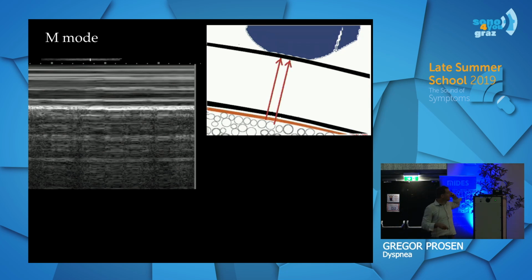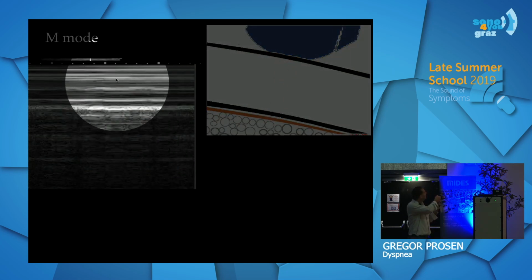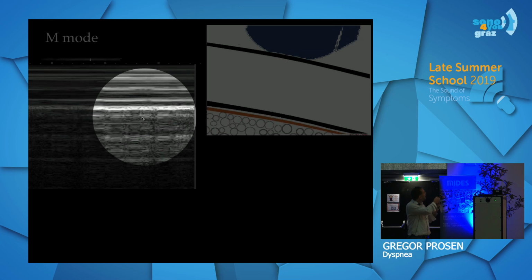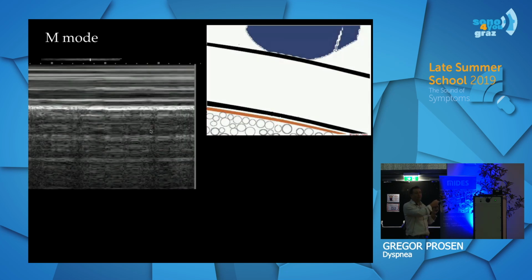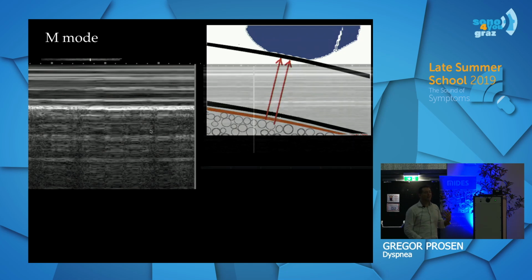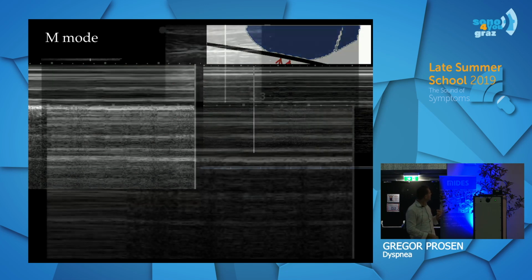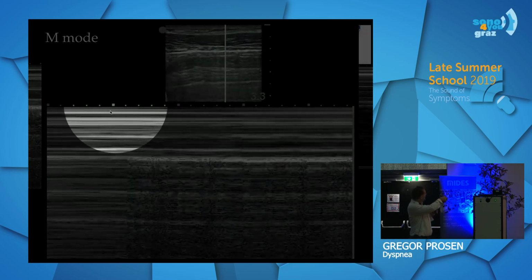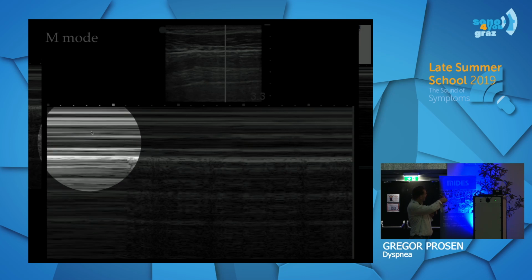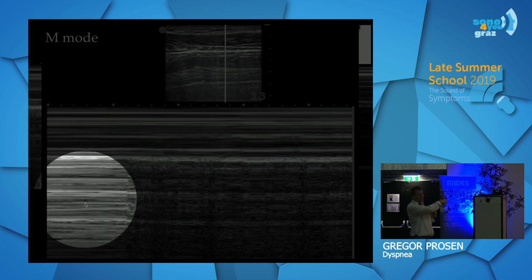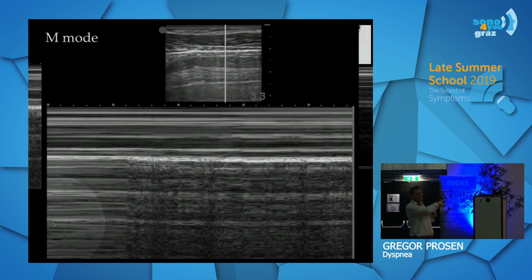Dr. Lichtenstein had this association that this is the sea in Normandy, and this is the beach, and he called it the beach sign, okay? But in pneumothorax, we see only that: the barcode sign, or stratosphere sign, he said, all right?